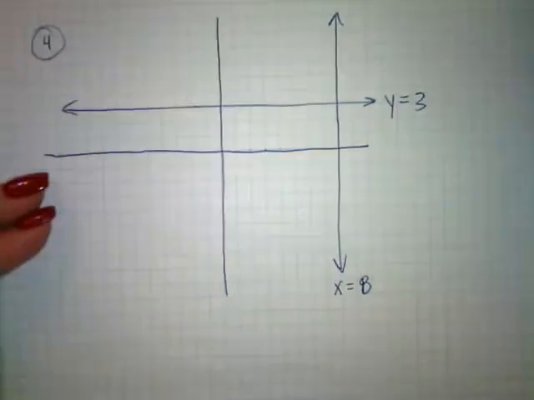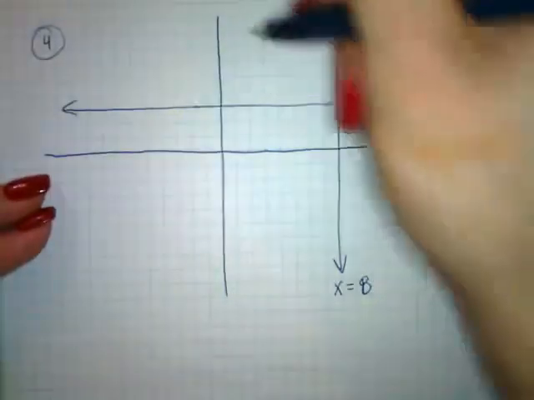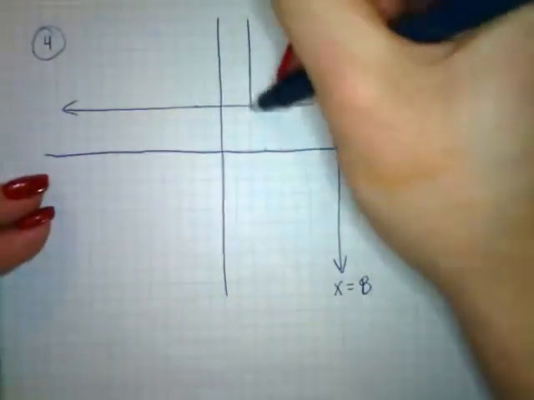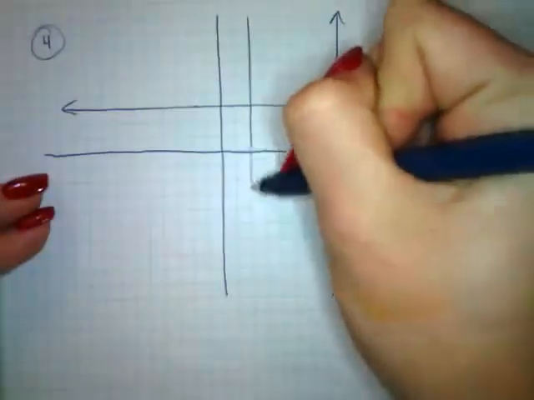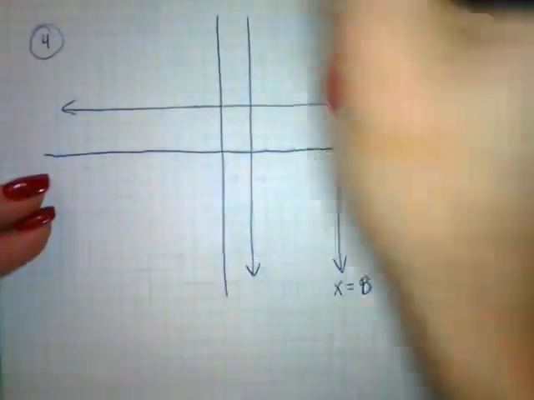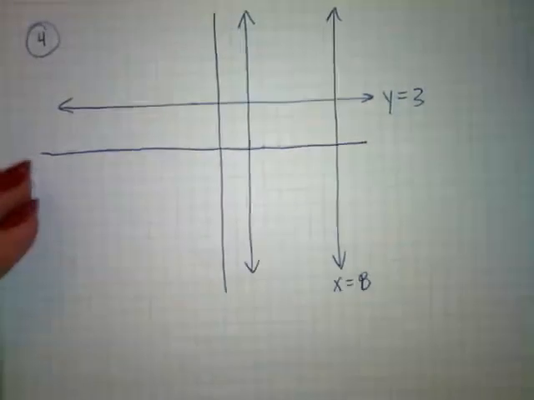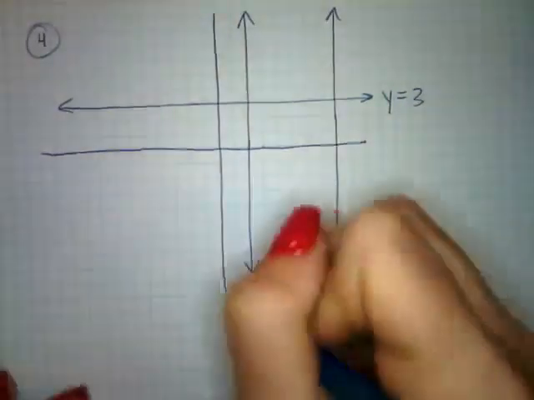And the last one we're going to graph is x equals 2. Okay, so, oops, let me label this.